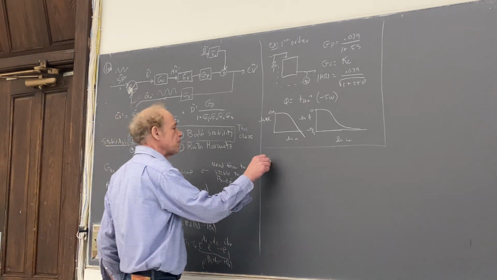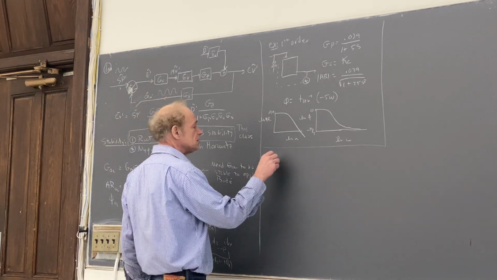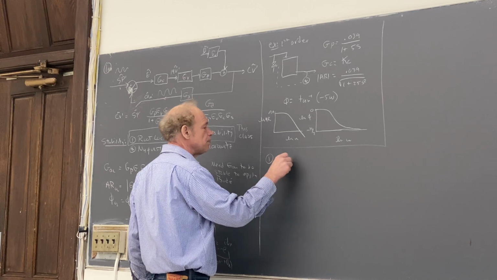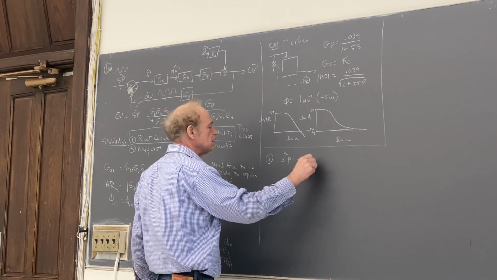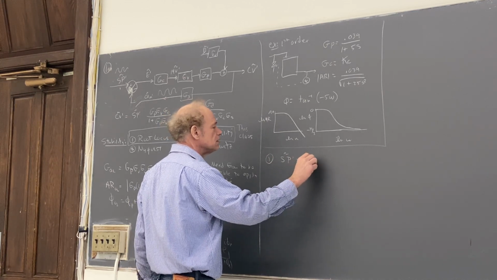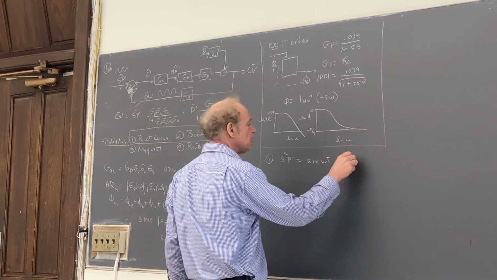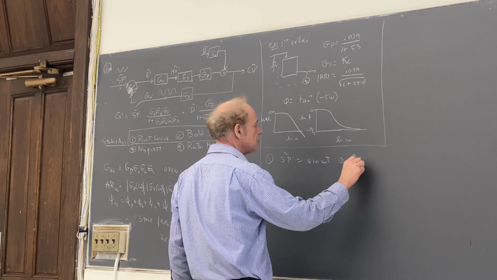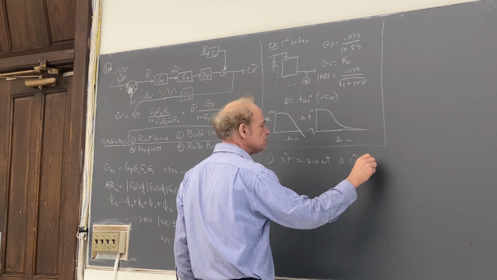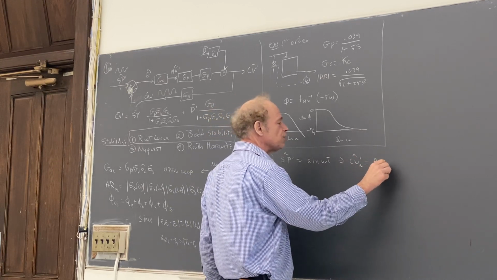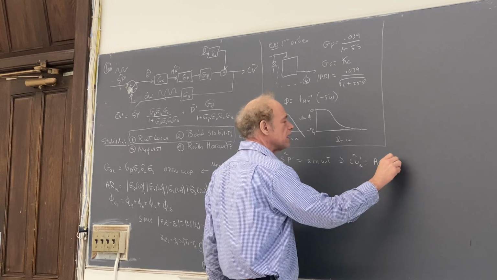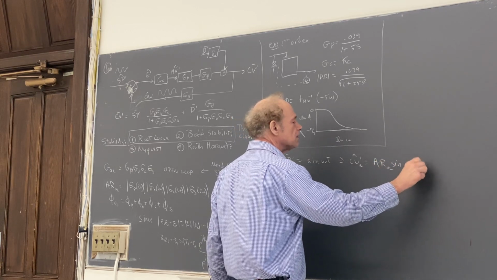So let's do step 1. Step 1 is introduce SP prime tilde as a sine omega t. And then that tells me that CV prime tilde M is equal to the amplitude ratio of the open loop times sine omega t plus phi.